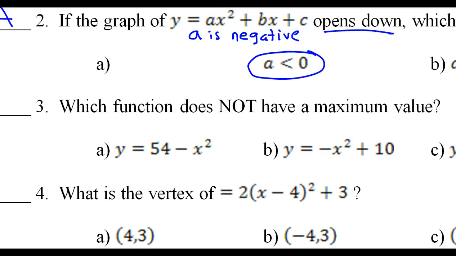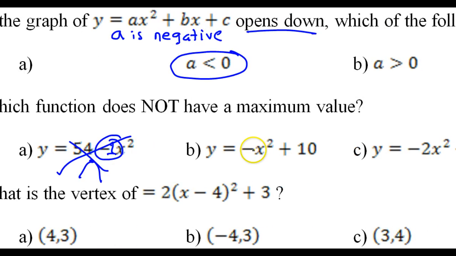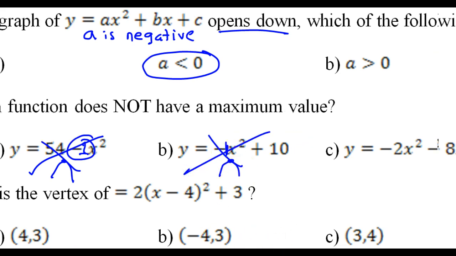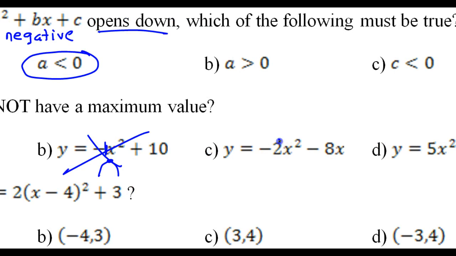Well, the a value is always going to be right here next to the x squared. So this a value is -1. That's downward facing. It has a maximum. So that's not the answer. This a value is -2.